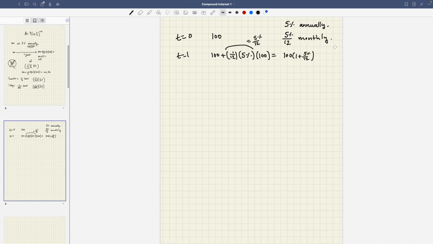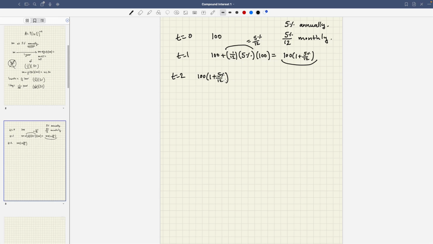So now let's see what happens after the second month or the second compounding. And compounding just means adding, if you want to think of it that way. So now the amount of money that you have in your savings account changed from 100 to this new amount. So now you're going to have that amount in the bank.